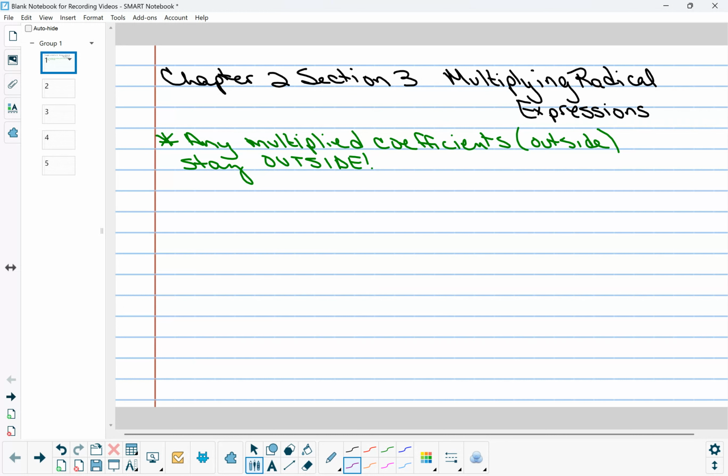Okay, and then anything under the radical, the radicands, will get multiplied. So these are the inside. They'll get multiplied together.